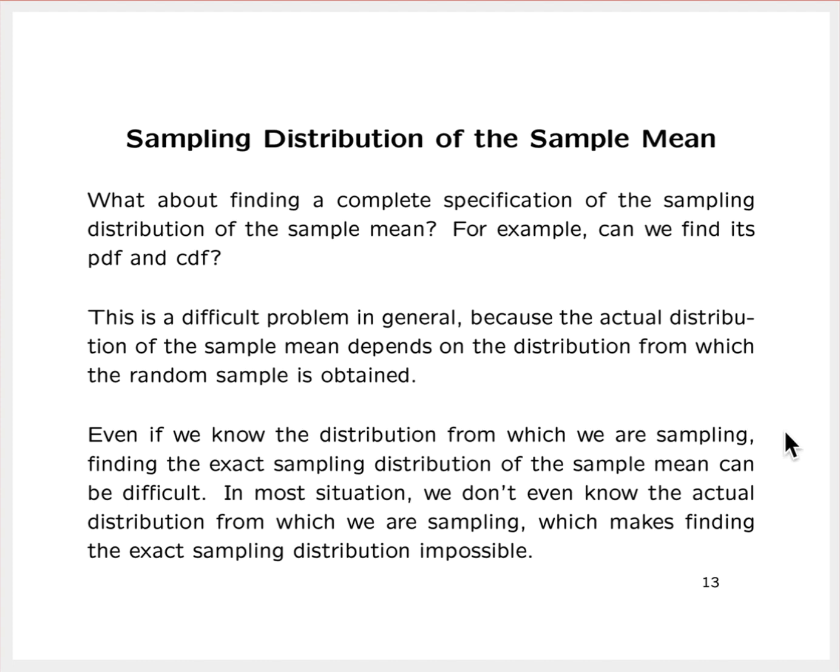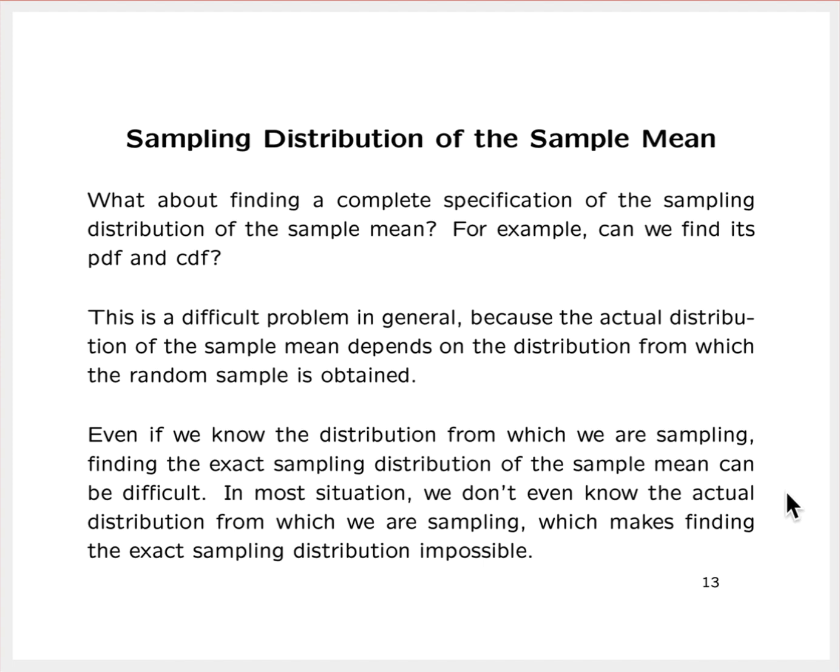If we don't know the underlying PDF of the distribution we're sampling from, then we're not going to be able to derive exactly the PDF of the sampling distribution of the sample mean. But even if we did know the distribution from which we were sampling, finding the exact sampling distribution of the sample mean, and in particular finding its PDF or PMF, can be very difficult mathematically.